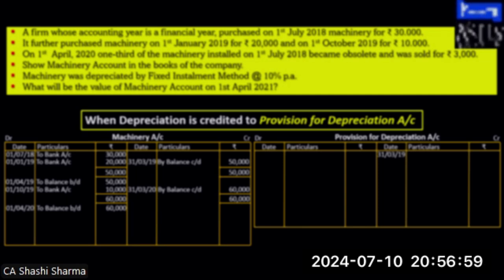So what was the entry for depreciation under this method when a separate account is being maintained for depreciation? The entry was depreciation account debit to provision for depreciation. So here on the credit side, in the provision for depreciation account, we will write by depreciation and the amount will be same, 2750 as calculated in the previous method.